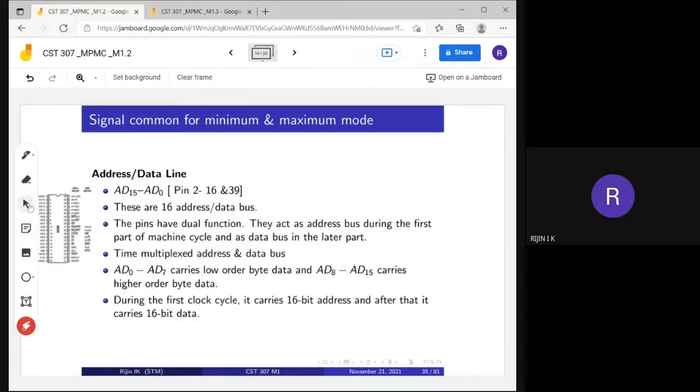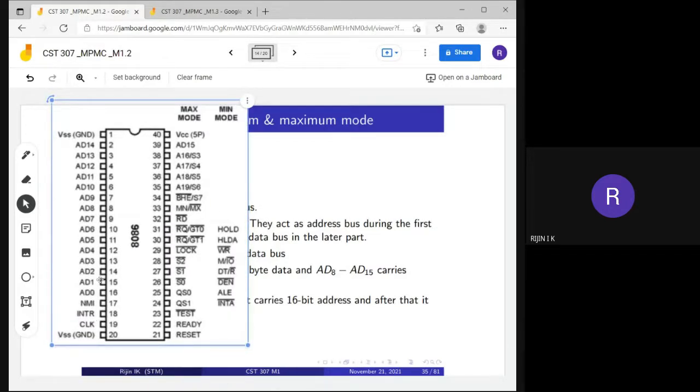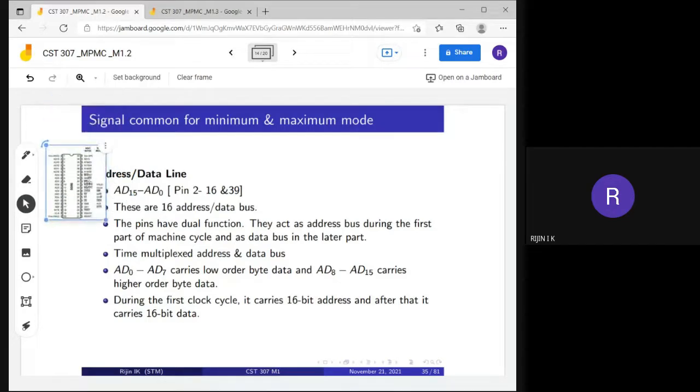These are pin number 2 to 16 and pin number 39. So these are the address bus data pins. During the first clock cycle, it carries the 16-bit address, and after that, it carries the 16-bit data.